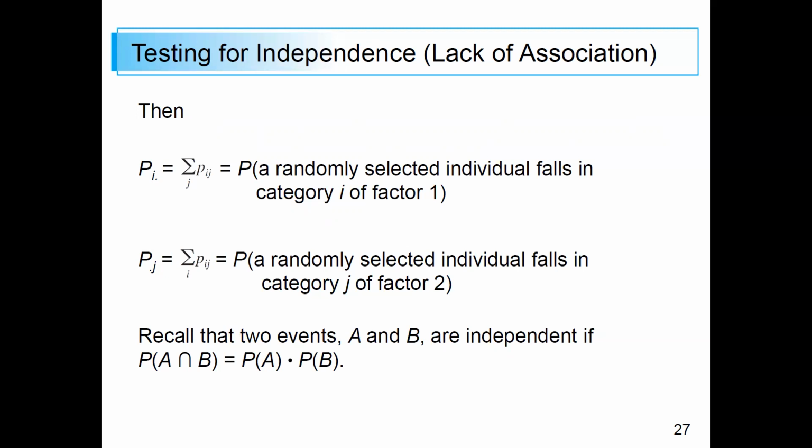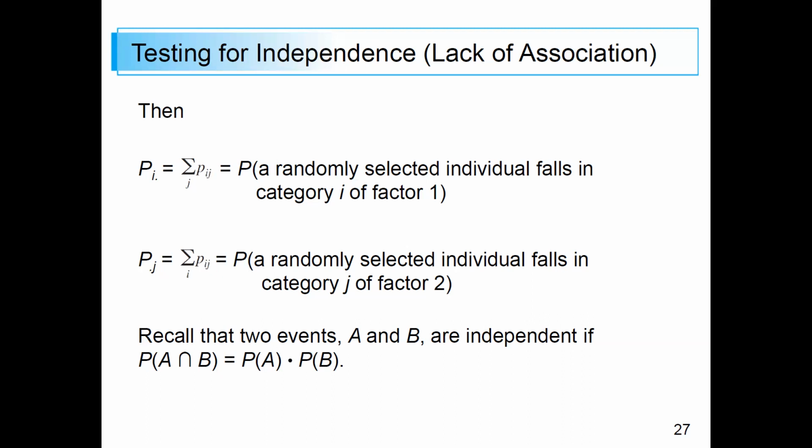And if they are independent, when we write the joint probability of an individual belonging to the ith row, jth column, that is, the row factor taking the ith level and the column factor taking the jth category, then this can be thought of as the intersection of two events.